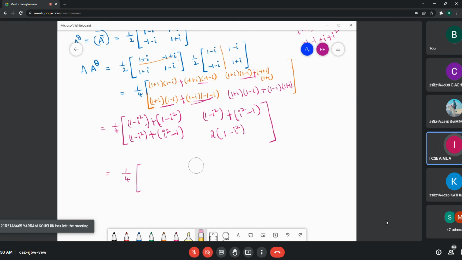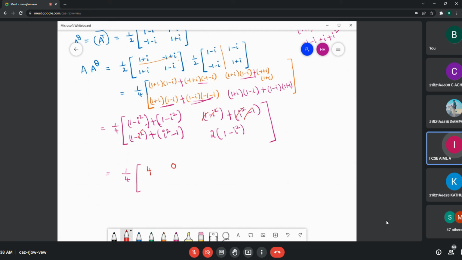Directly I am writing the value here. So this value is 1 plus 1 is 4, ma'am. I got the value 4. And here minus i square plus 1 minus 1 cancelled, 0.